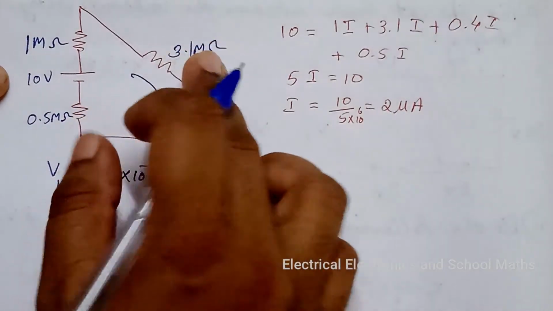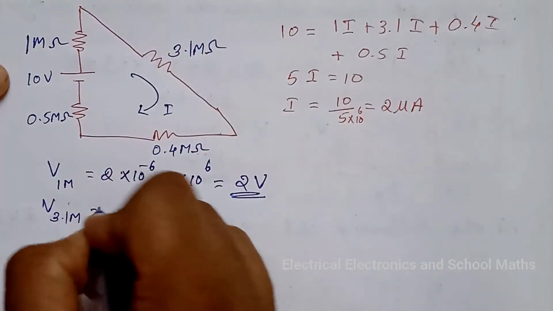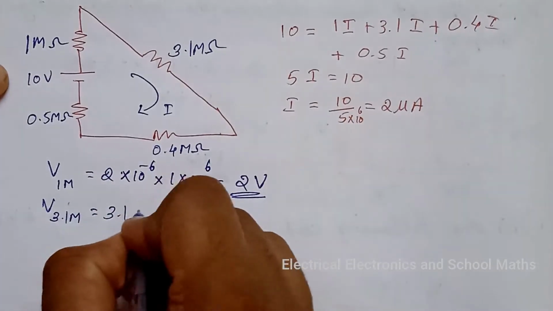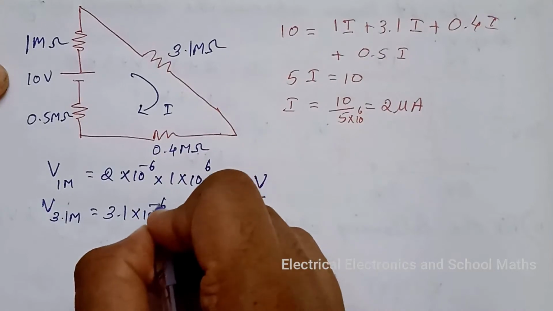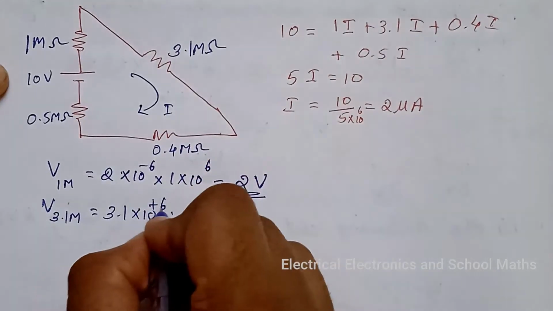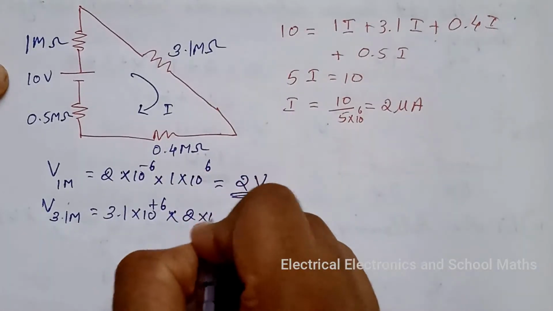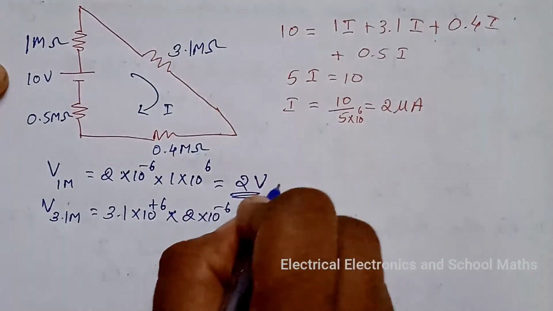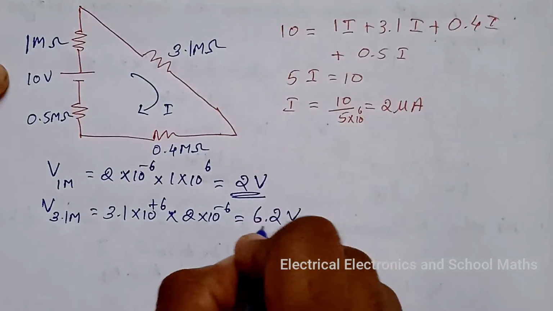And the voltage across the 3.1 mega ohm is 3.1 into 10 raised to 6 into the current value 2 into 10 raised to minus 6, equal to 6.2 volt.